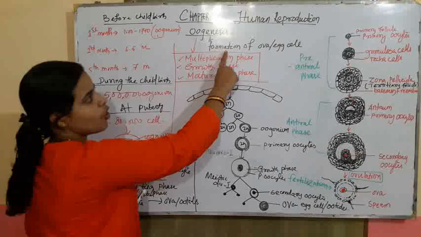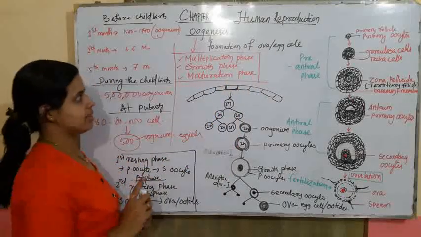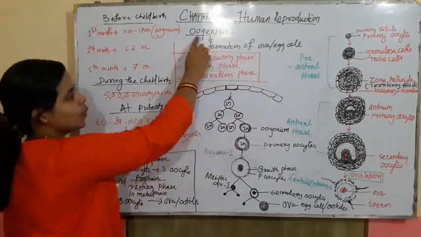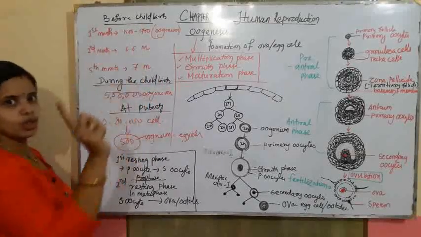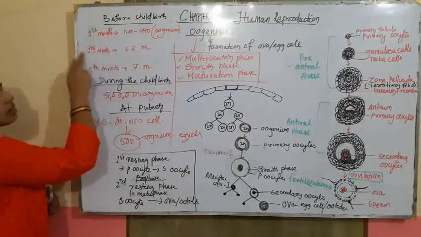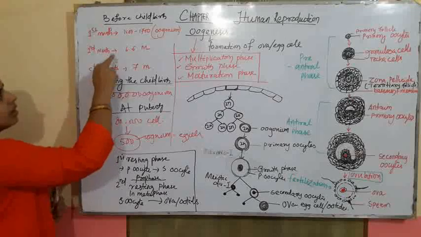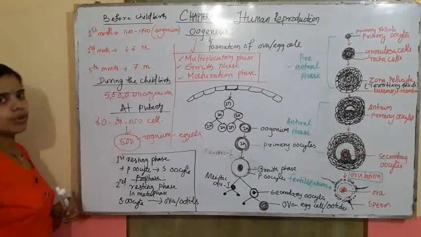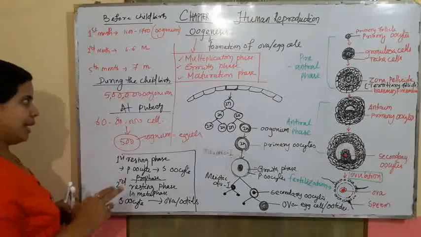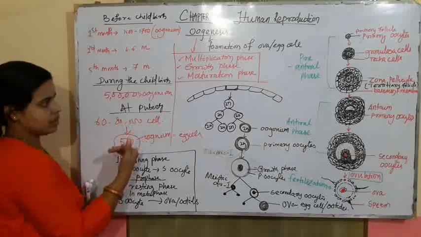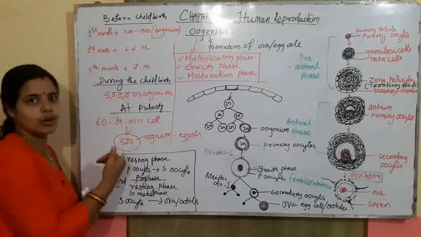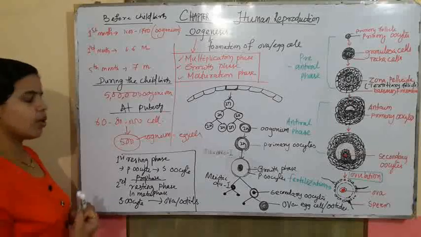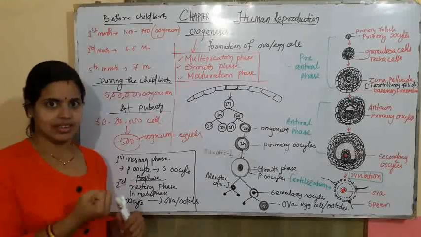So let us go again and make a quick recap. The oogenesis process is the formation of ova or egg cell. It starts before childbirth. The number of oogonium cells develops, but on reaching the puberty stage the number of oogoniums decreases because of follicular shrinkage.